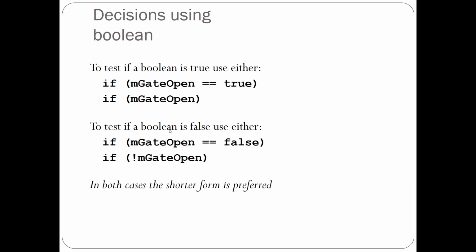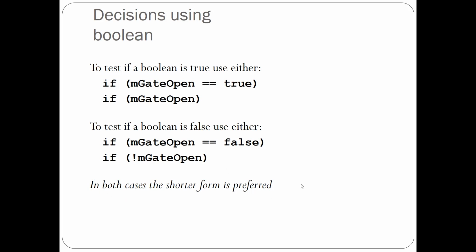You can also do a similar test on the value of mgateOpen being false, and again there's what I would call the longhand version, but still it's a perfectly normal way of testing it. So if mgateOpen is false, or you could just say the inverse, the not of mgateOpen. So what you're doing is testing for mgateOpen being not true, by inverting it to make it false.